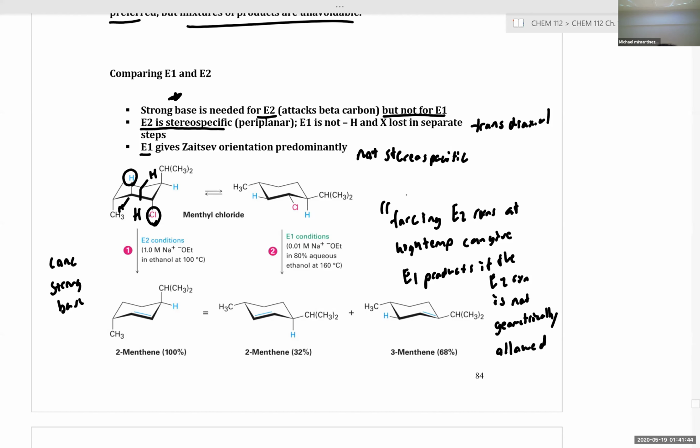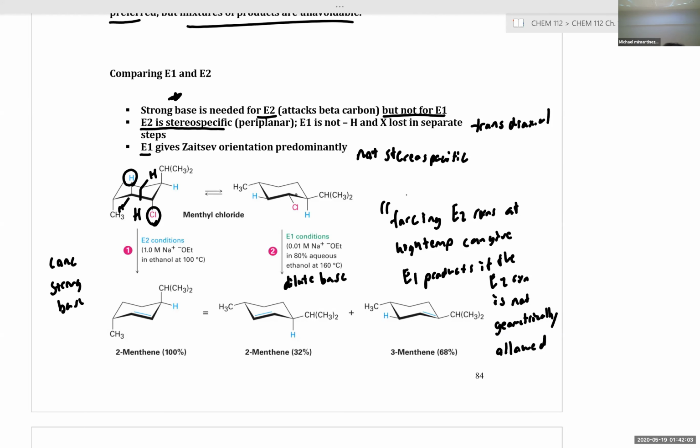If you're running this reaction under E1 conditions with dilute base, you instead see elimination with no stereoselectivity or stereospecificity.